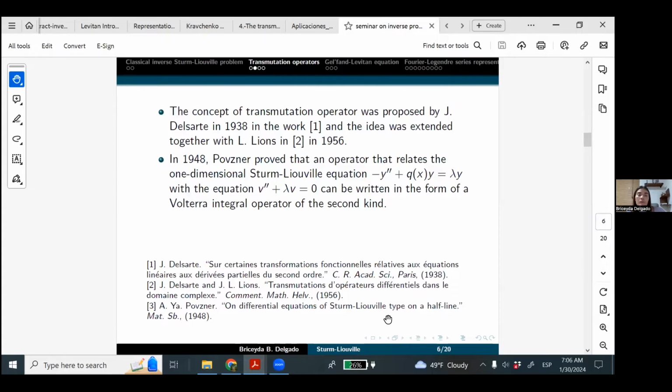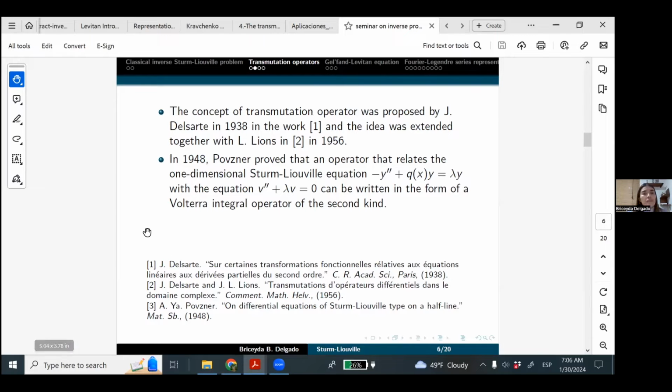This concept of transmutation operator was proposed by Delsarte in 1938 in this work one. This idea was extended by him and Lions in 1956. So here are the references.